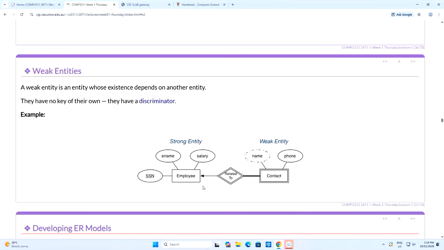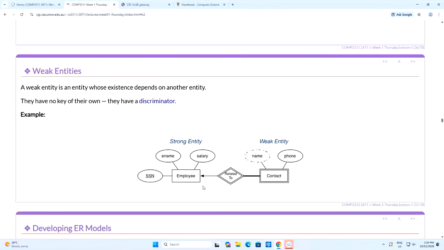Think of the example where we have employees as well as their dependents in the database. So for instance, you work in a company, you're very important to the company, so you're viewed as a strong entity, and you should have your own employee ID. If you work in UNSW, that employee ID is zID.